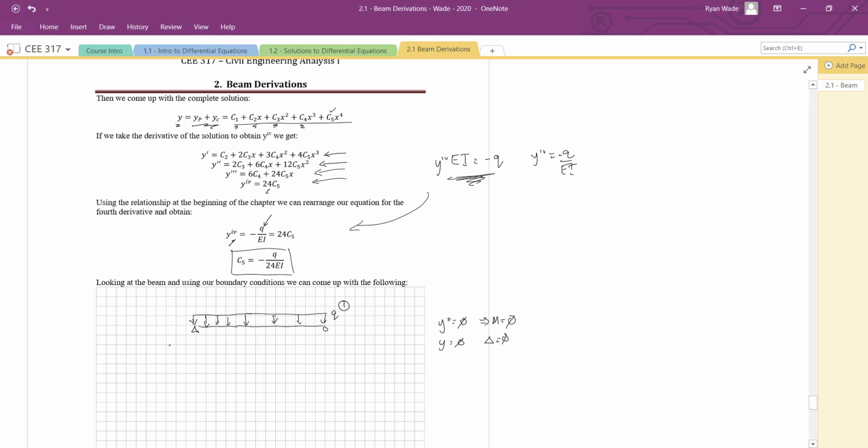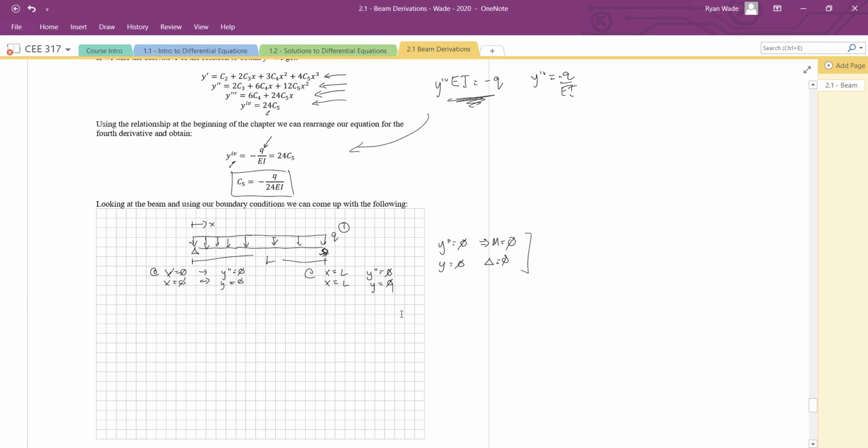So in this case, at x equals 0, sorry, I should have drawn L, at x equals 0, y double prime equals 0, and y is also equal to 0. At the same time, this is also a simple support. So at x equals L, y double prime, or the moment, is equal to 0, and the displacement is also equal to 0. So those are our boundary conditions that we can use.